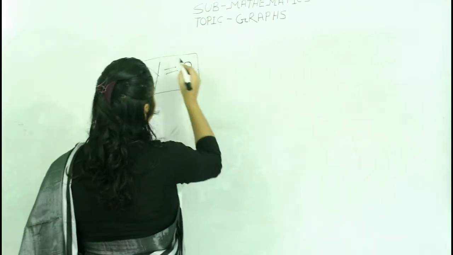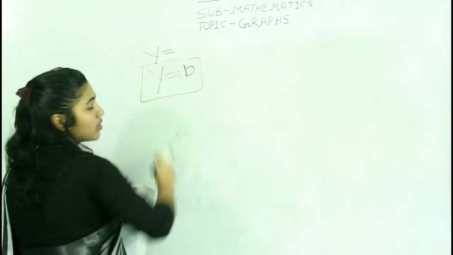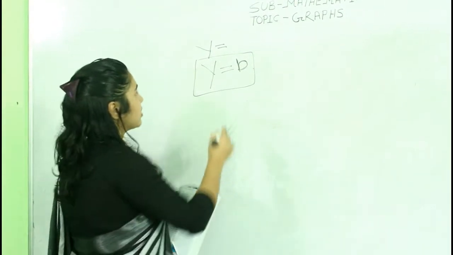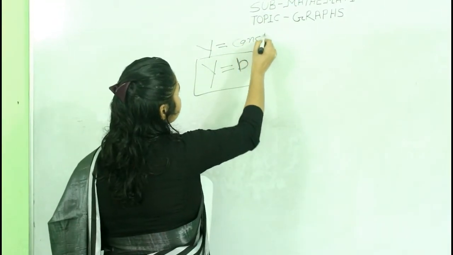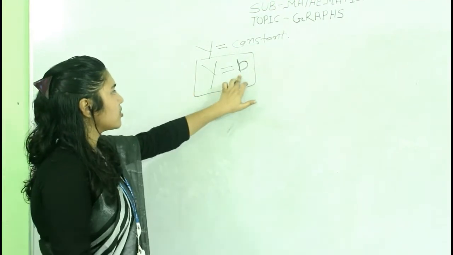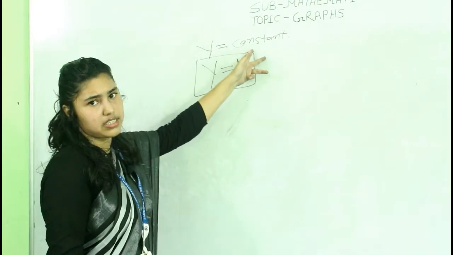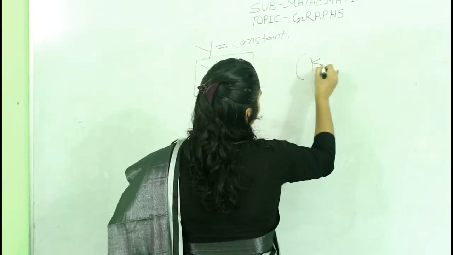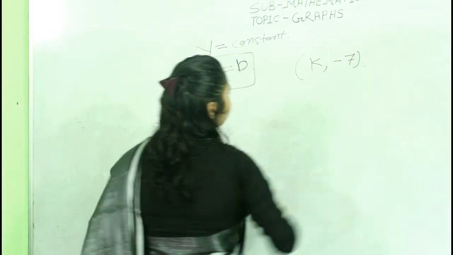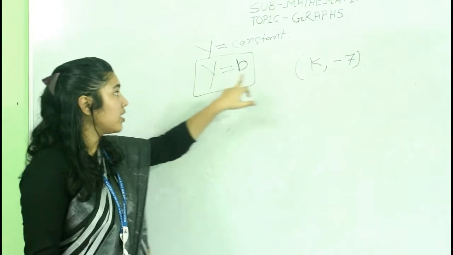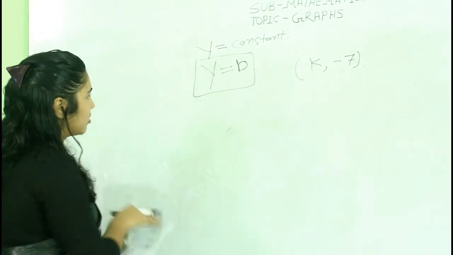That means the equation of a straight line which is parallel to the x axis is y equals constant. So suppose take this b as this constant. Now our point (k, minus 7) will satisfy this equation because this point lies on this straight line.